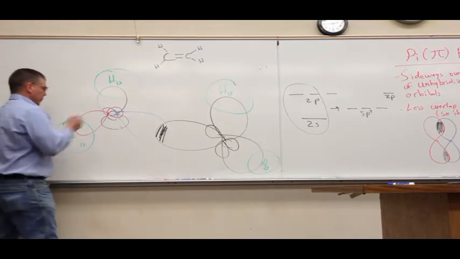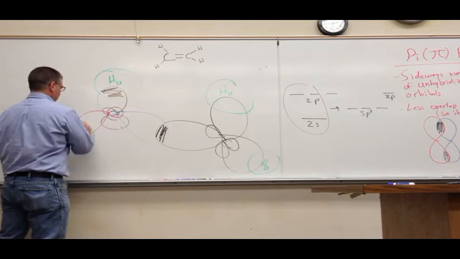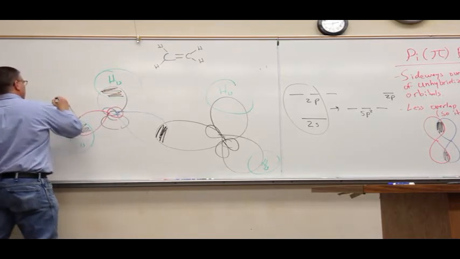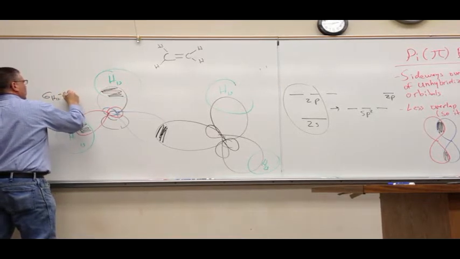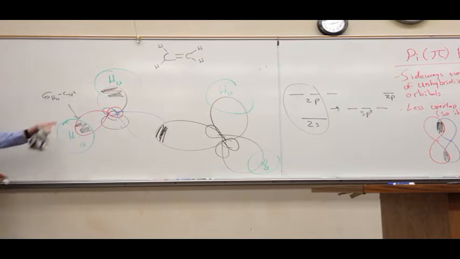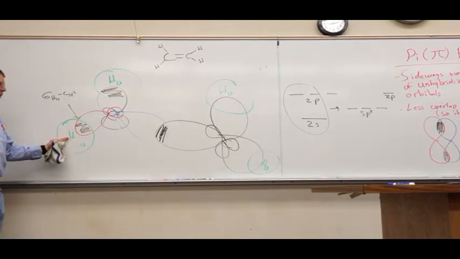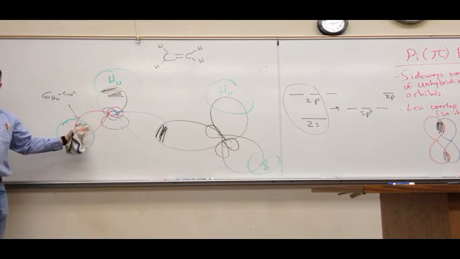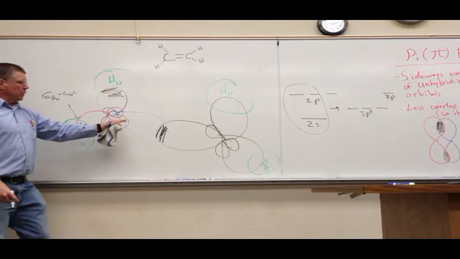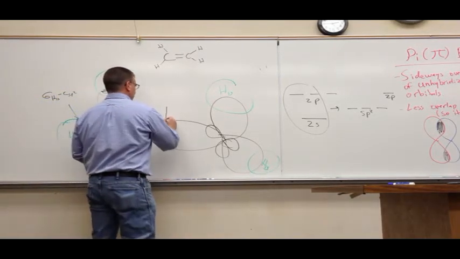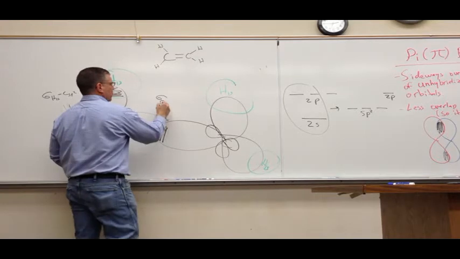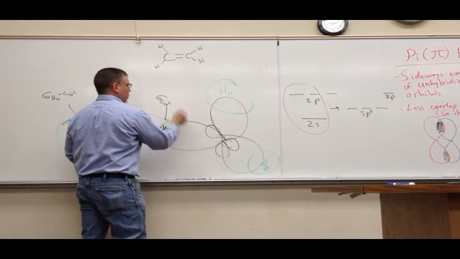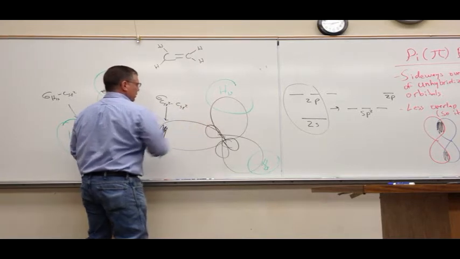So this sigma bond and this sigma bond are both formed by the head-on overlap of a hydrogen 1s orbital with a carbon sp2 orbital. Right? This and this both. This sigma bond here is formed by the head-on overlap of a carbon sp2 here with a carbon sp2 orbital on the other carbon.